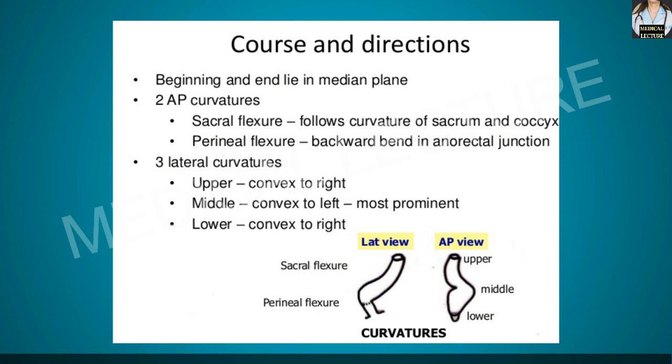The upper curvature is convex to the right, the middle curvature is convex to the left, and the most prominent one is the middle curvature, and the lower curvature is convex to the right. So these are the lateral curvatures in the anteroposterior view. Remember, the lateral curvatures are viewed in the anteroposterior view, while the anteroposterior curvatures are viewed in the lateral view of the rectum.